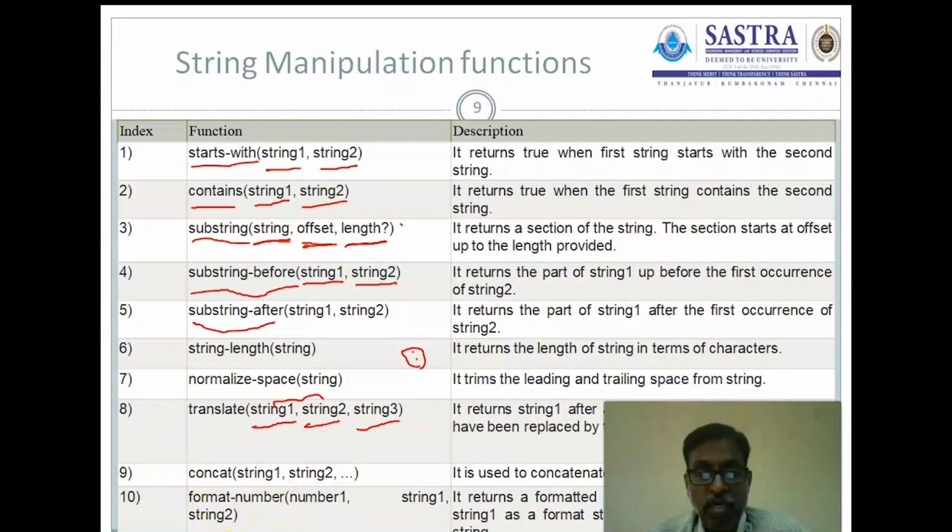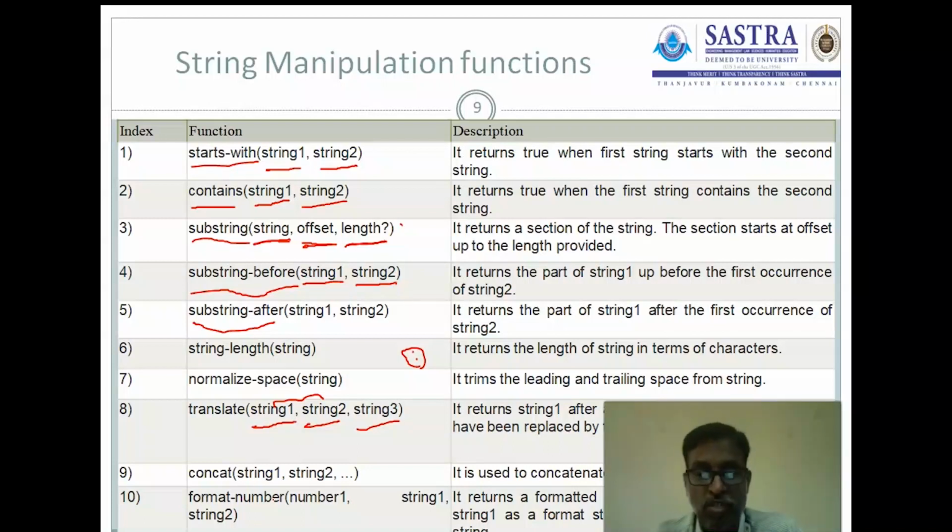Format-number returns the formatted version of the number. The number is the one we need to return in a specific format, after applying string 1 as the format string. String 1 is the mandatory parameter. String 2 is an optional string.